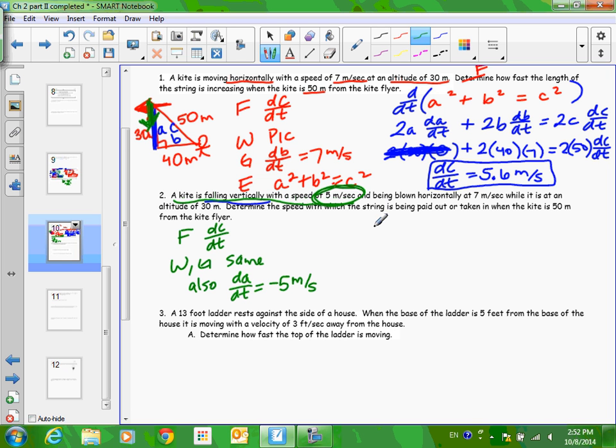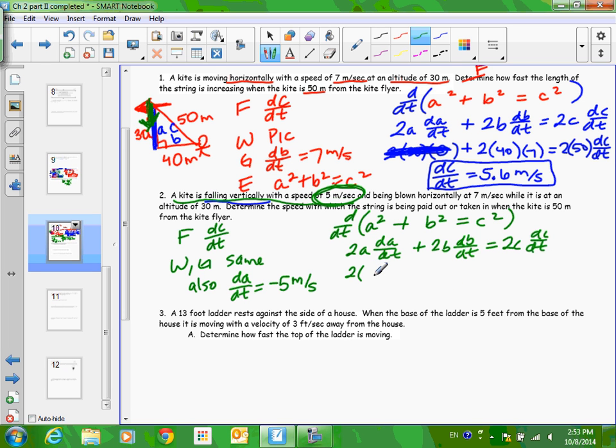All right, I am going to go through the steps again. I'm going to go through them a little bit faster this time. So again, we have a squared plus b squared equals c squared. Again, I'm going to take the derivative with respect to t. We get 2a dA over dt. I mean, it's the same thing. I could have just picked up where I left off, but this is good practice. 2b dB over dt equals 2c dC over dt.